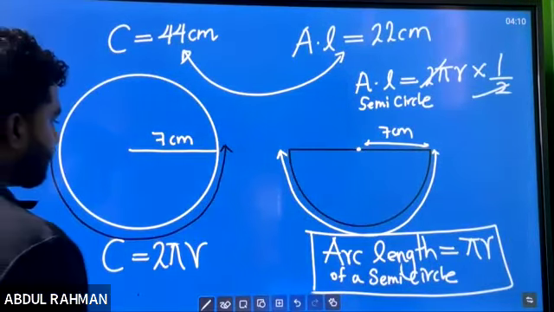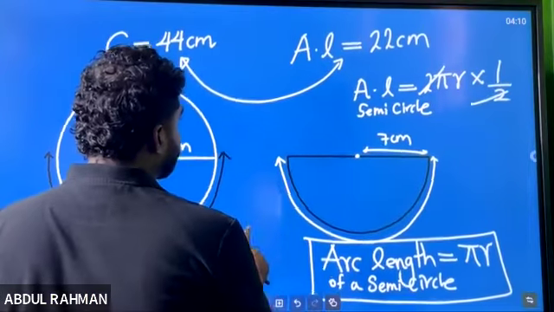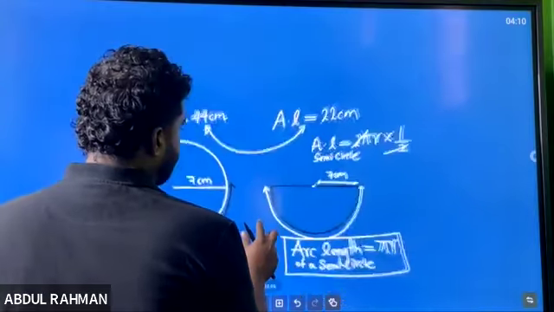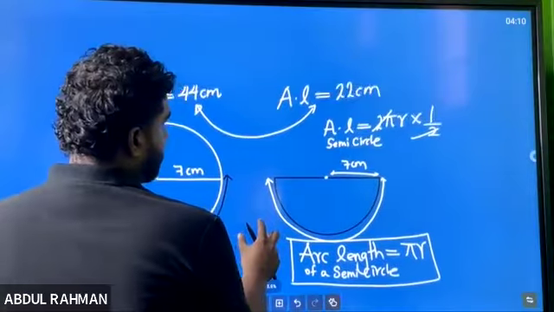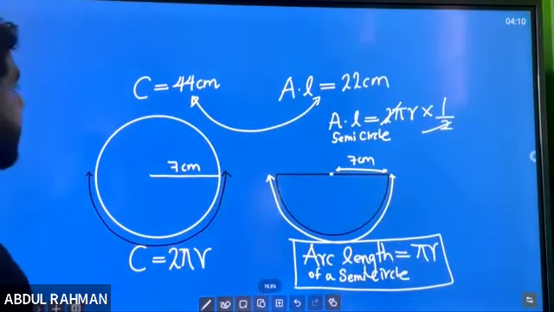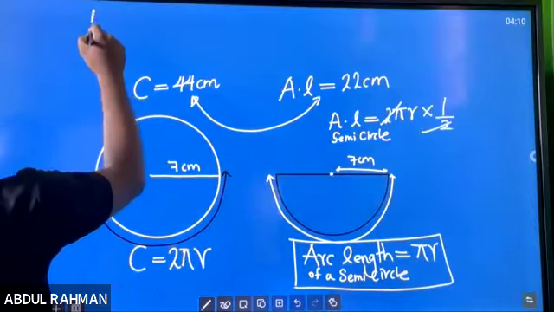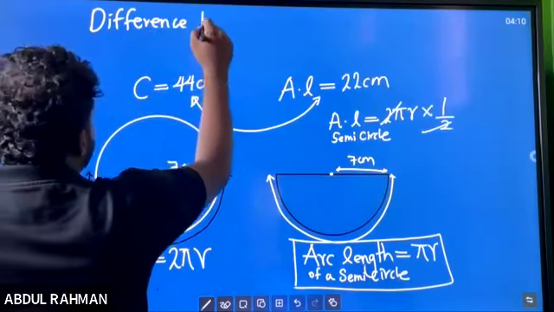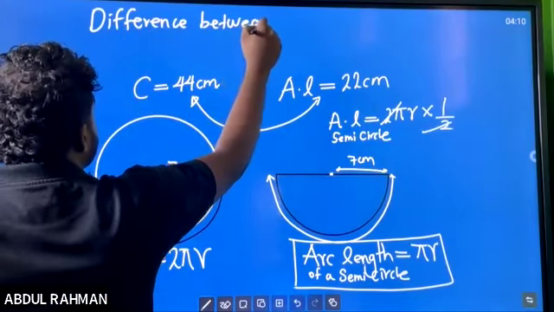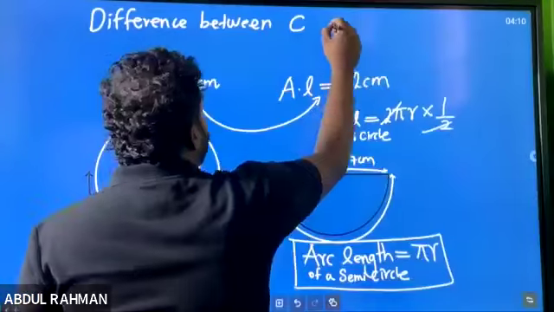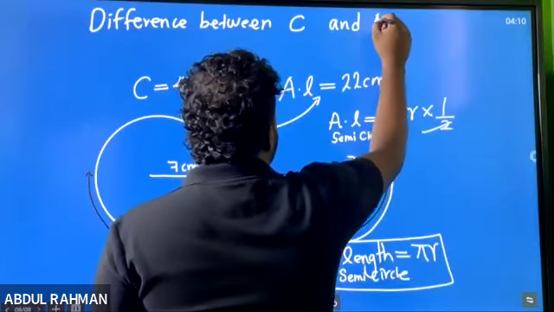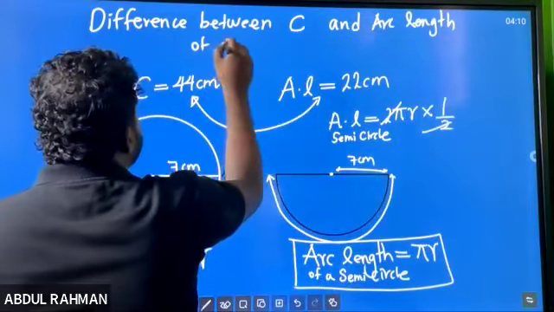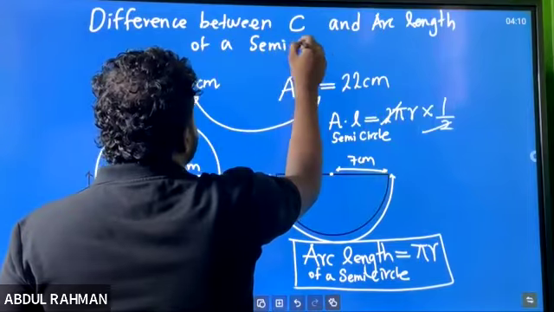Write the topic as: difference between C and arc length of a semicircle.